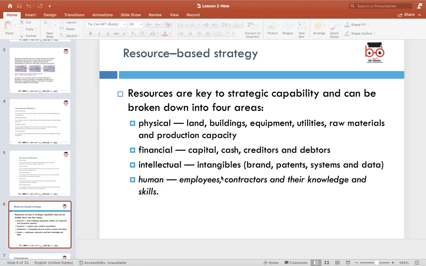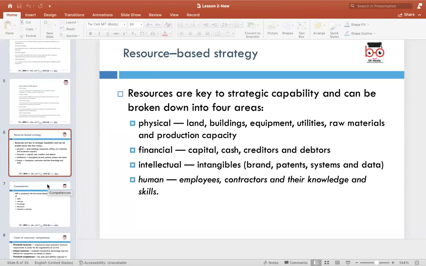If someone is good at getting 50 boxes packed in 45 minutes, that's again an intangible resource you can't take away from them, because that's a skill, and not everyone has that specific skill. In this example, they're also talking about a specific system or data that they have which cannot be taken. And then human capital is the most important resource that you have, along with their skills and employees having them. That's the biggest asset you can have. That's essentially the resource-based view, or resource-based strategy.